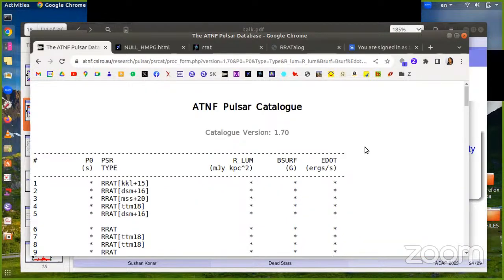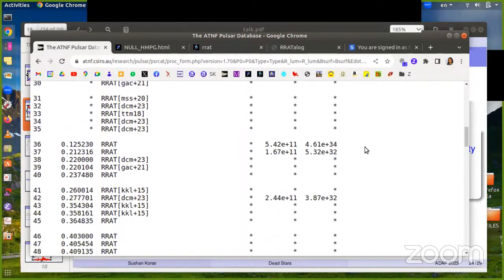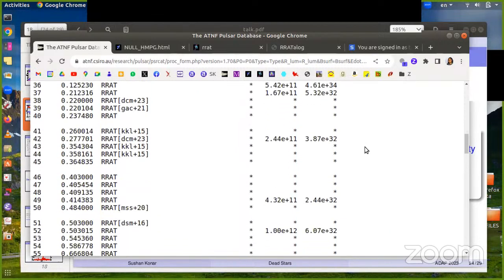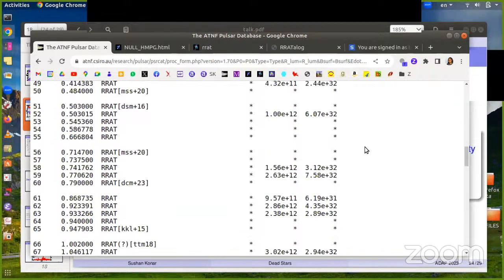Right? Yeah. So there was this value. So it's something like 8 into 10 to the power 33, almost close to 10 to the power 33, which is actually taking it to magnetar level, but it's an upper limit.